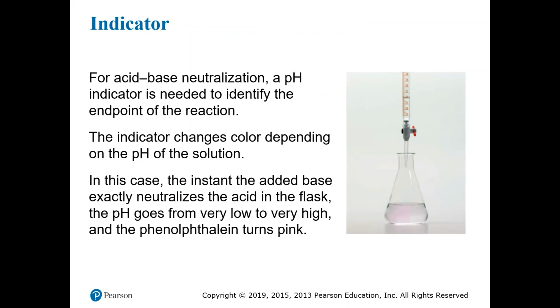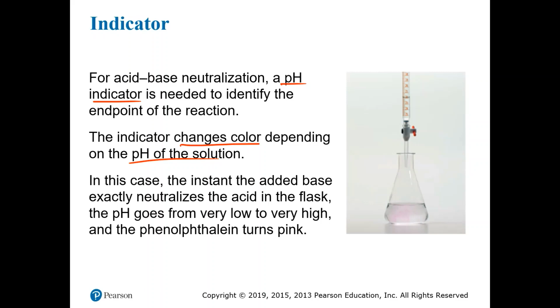For an acid-base neutralization, we need a pH indicator, which will change color depending on the pH of the solution. In this example, we're going to start with an acidic pH in the flask, and it's going to change to a neutral or basic pH as we add the base to it.